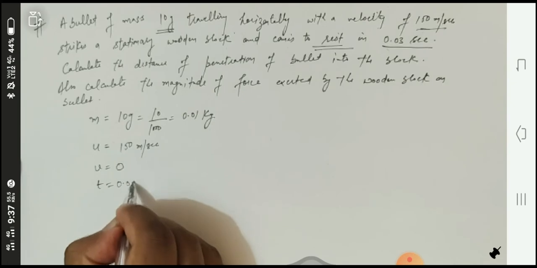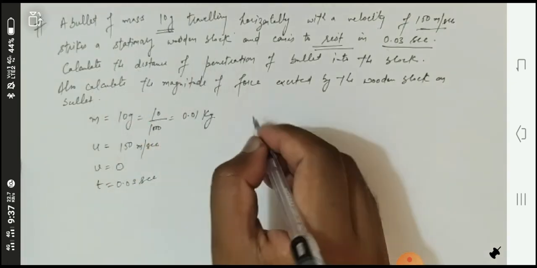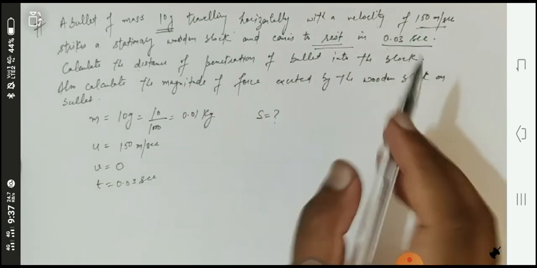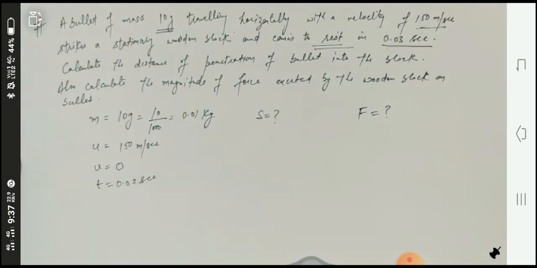Time is 0.03 seconds. Calculate the distance of penetration means you need to calculate s. Fine. Also calculate the magnitude of force exerted by wooden block on bullet. Right?